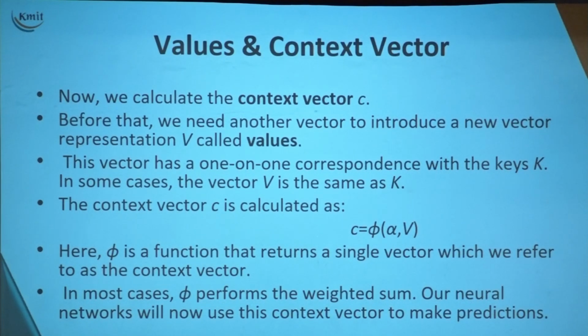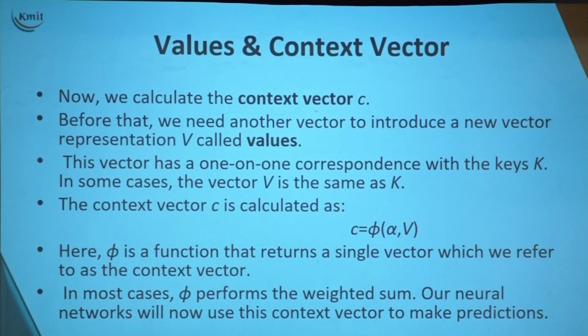Now the context vector will be calculated by using another mathematical function. Here for ease, I am calling it phi. I am just explaining the process. I am still not diving deep into attention. First understand the process, how things are getting done. These mathematical functions, what they are, we will see.